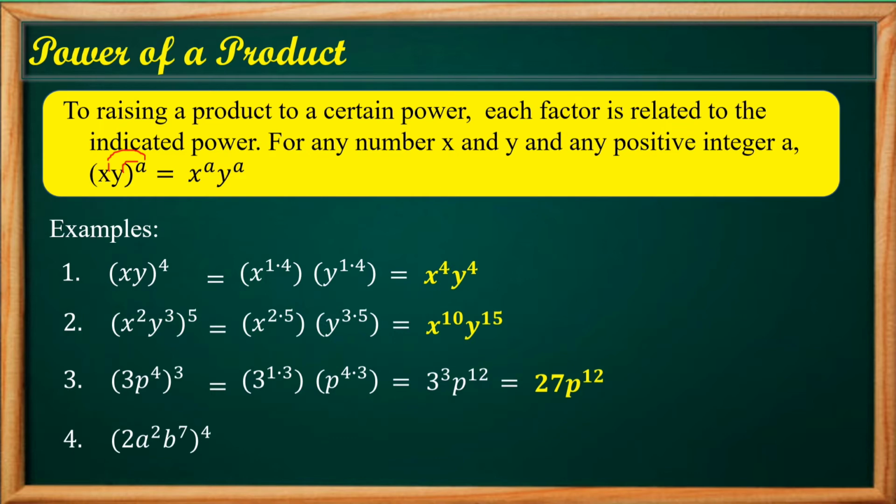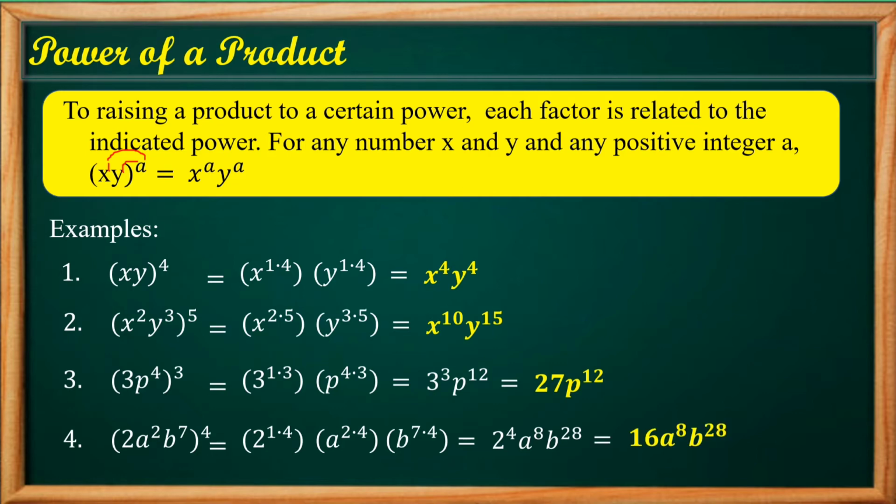Next, number 4, the same again: 2 raised to the power of 1 times 4, a raised to the power of 2 times 4, b raised to the power of 7 times 4, which is equal to 2 raised to 4, a raised to 8, b raised to 28, which is 16, a raised to 8, b raised to 28.